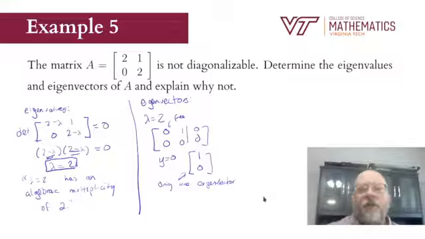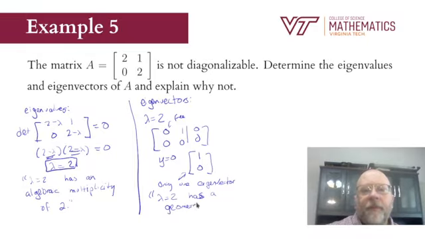And therefore, I don't have enough eigenvectors to form a square matrix. Again, some fancy terminology. If we see this in the book, lambda equals 2 has a geometric multiplicity of 1.